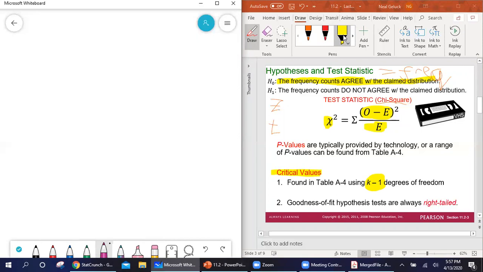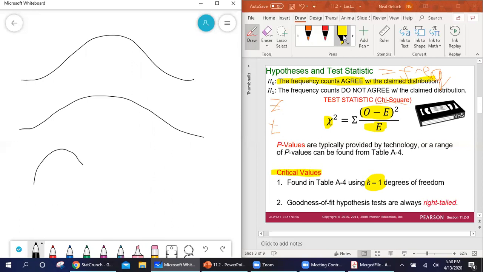Now, this chi-square thing, there is a link to a short video if you want to watch it. The chi-square is always right-tailed, just to give you a feel for it. Whereas our Z-curve was bell-shaped and our T-curve was also bell-shaped. Remember, the T-curve could change based off of the sample size. The chi-square is not bell-shaped.